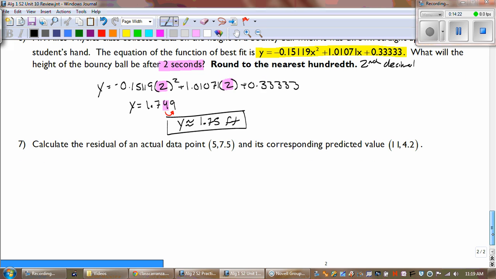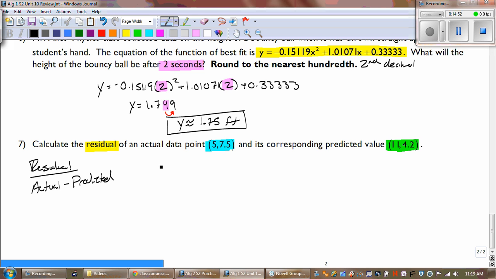Okay, last one is calculating the residual of an actual data point. So this is our actual, and then this is the predicted. So when we're calculating the residual, we said that it was the actual minus the predicted.